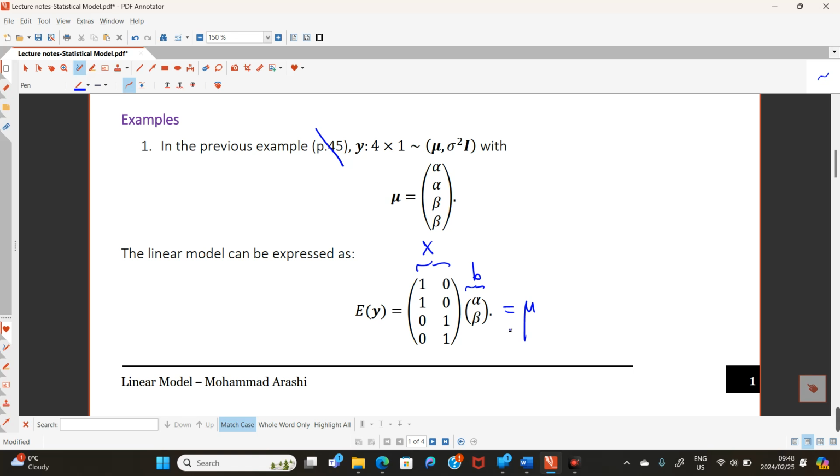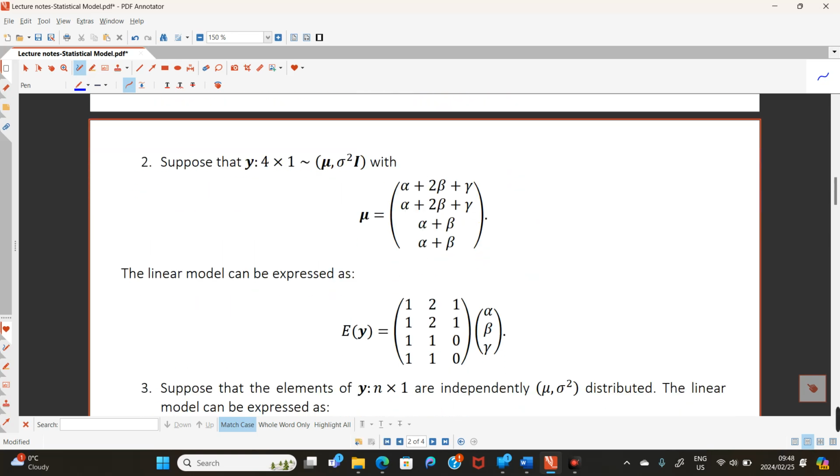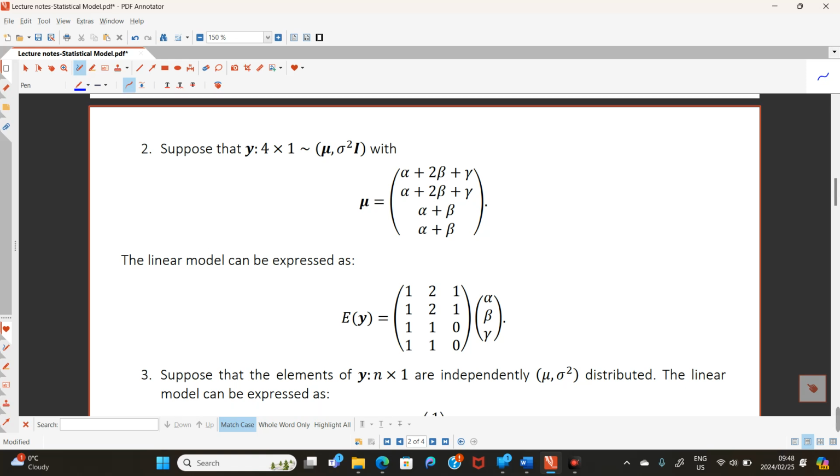The second element of the column vector, 1 times alpha plus 0 times beta, is equal to alpha. The third element in this column vector, 0 times alpha plus 1 times beta, is equal to beta. So you see, you will get mu. Another example is this one.